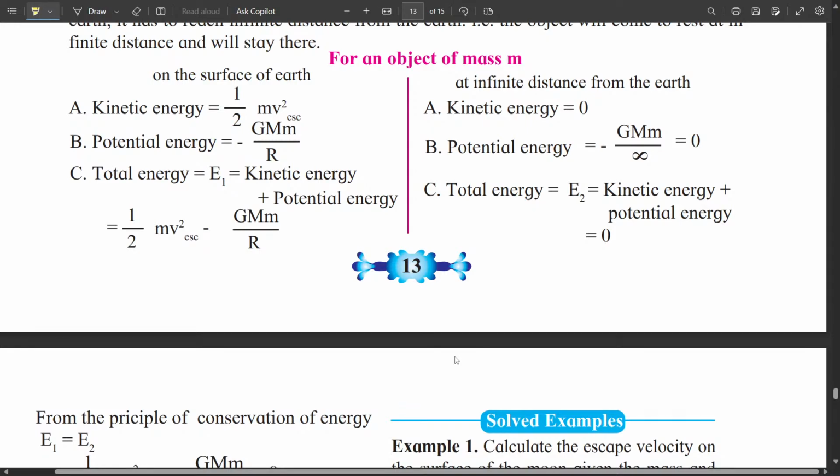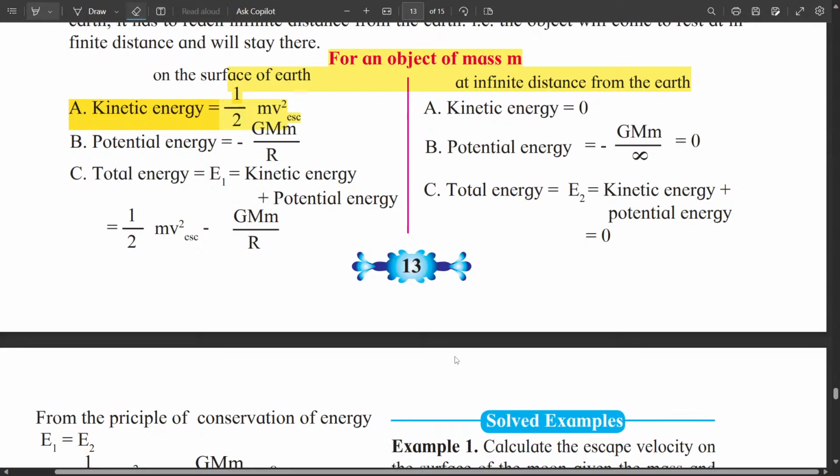What is escape velocity? It is the minimum velocity that should be given to the object so that it breaks Earth's gravitational force. So if an object is released from the surface of Earth with escape velocity, kinetic energy will be equal to 1/2 m v escape square.